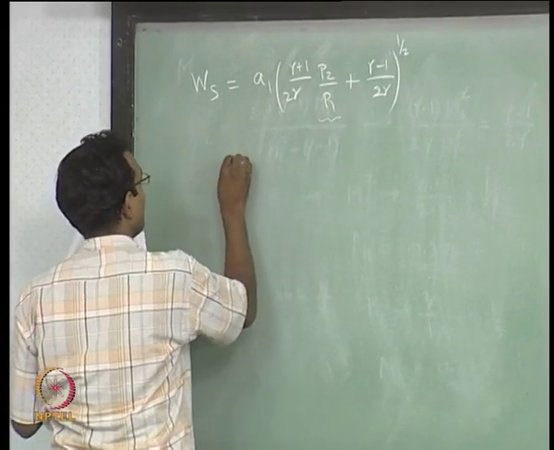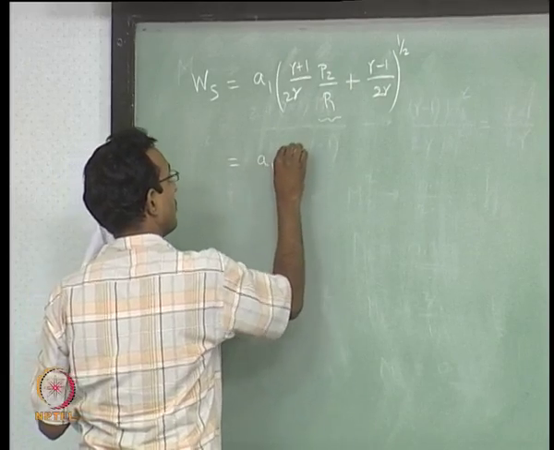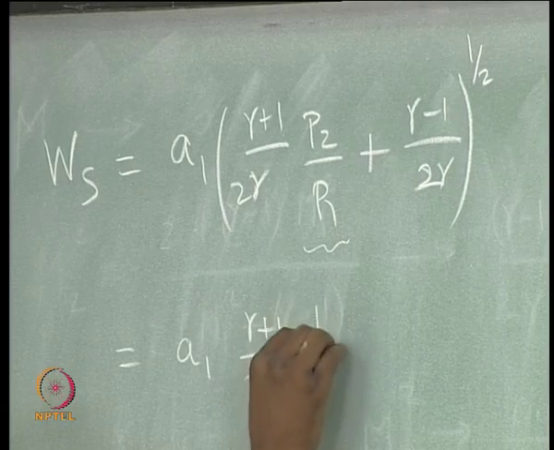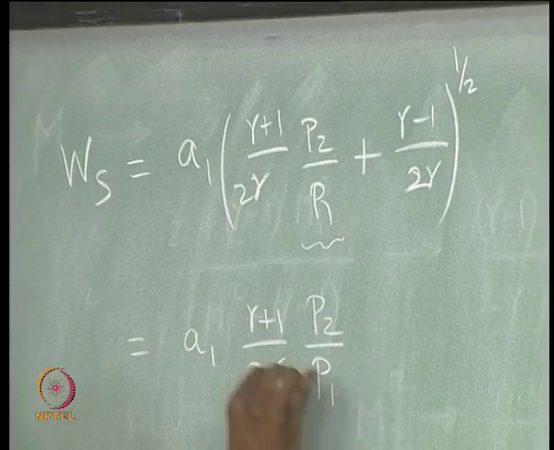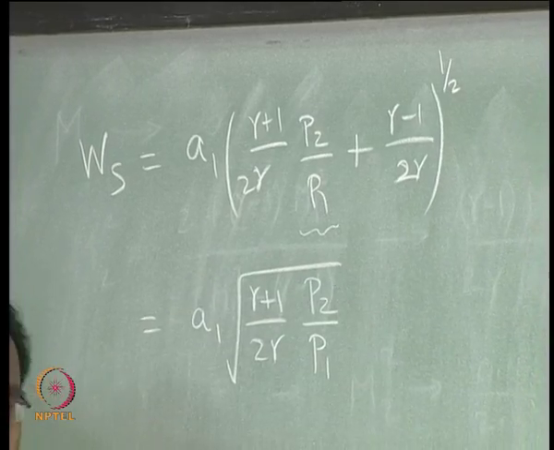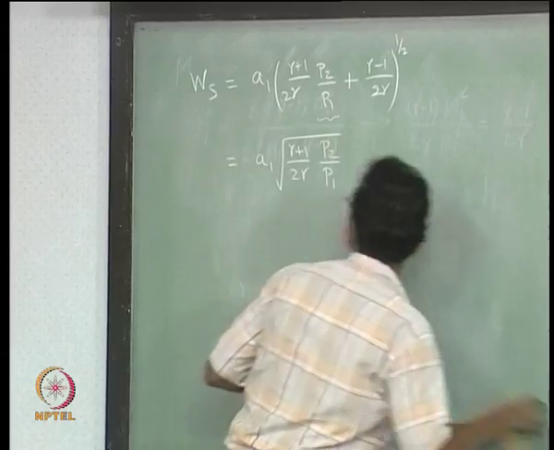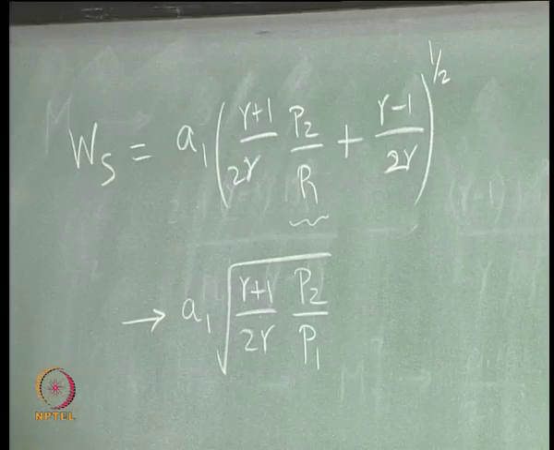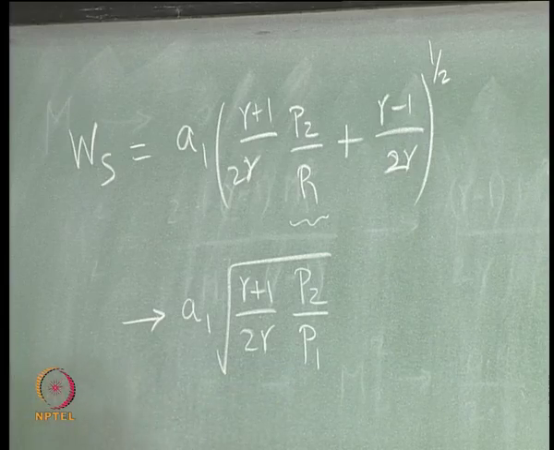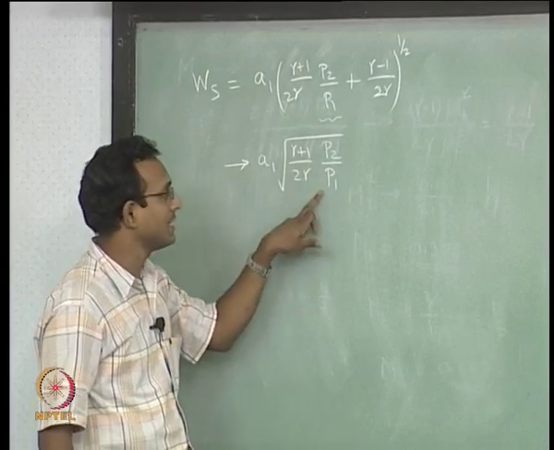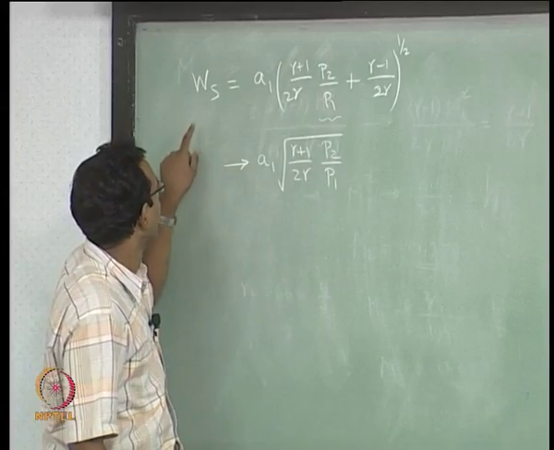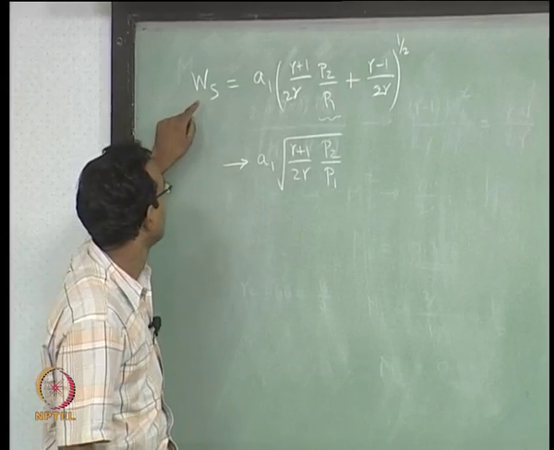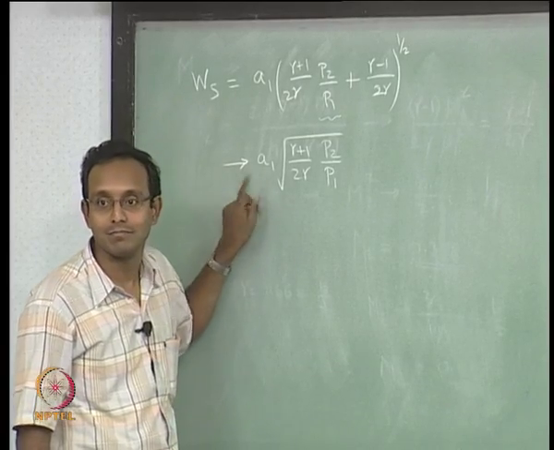So, I am going to get only the first term remaining, a rough estimate. I will just say it tends to, that is more mathematically correct. We will just say it tends to this for large values of P2 by P1, which means if I keep on increasing my P2 by P1, my shock Mach number, if I want to call it a shock Mach number, shock velocity divided by A1, I will use it that way.